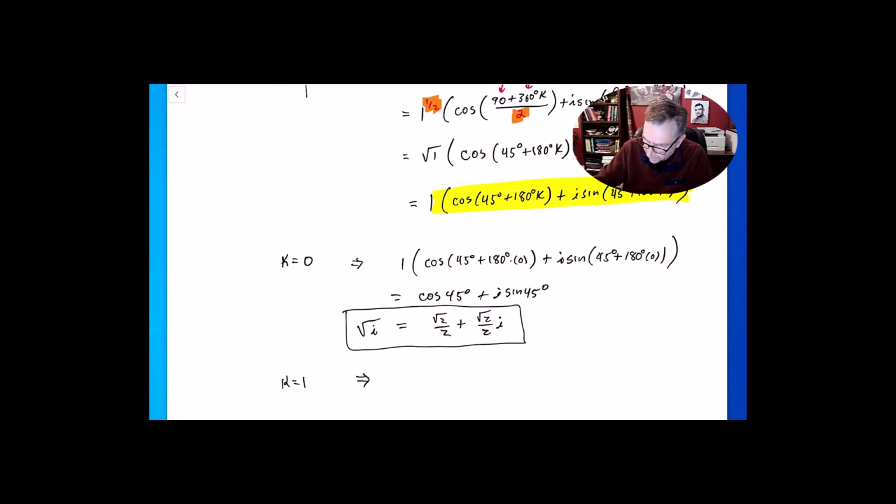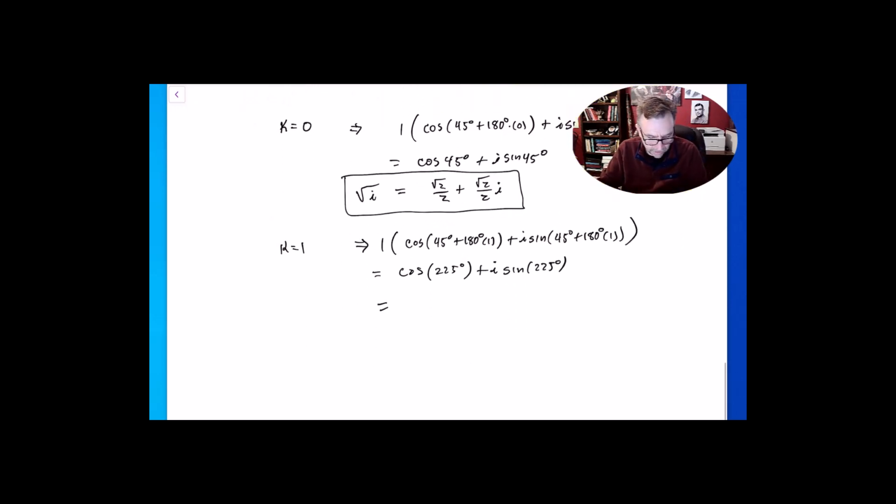So I get 1 times cosine of 45 degrees plus 180 degrees times 1, plus I sine of 45 degrees plus 180 degrees times 1, right, which equals cosine of 180 degrees plus 45 degrees, which is 225 degrees, plus I sine of 225.